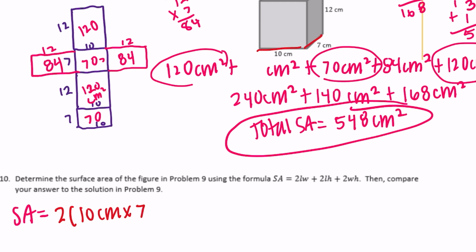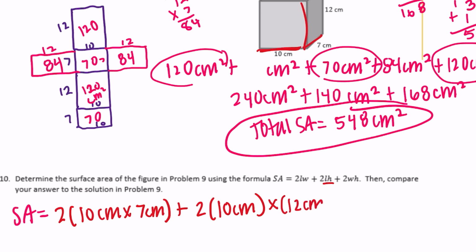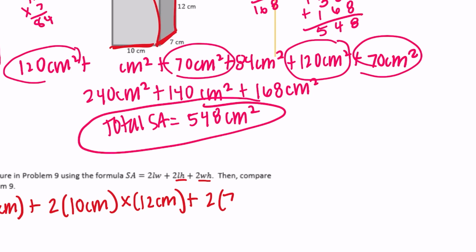So length times width is 10 centimeters times 7 centimeters, plus 2 groups of length times height. So 10 by 12, plus 2 groups of width times height. So width times height is 7 by 12.